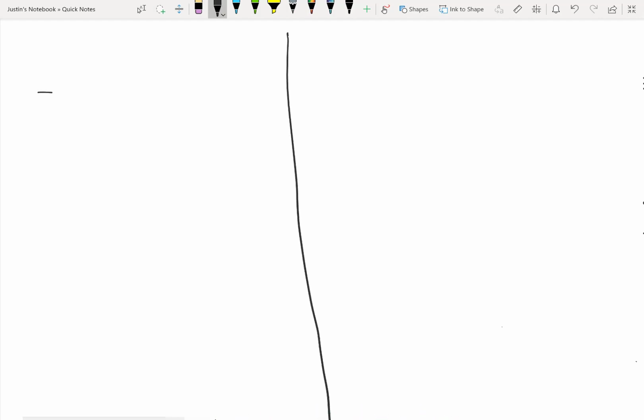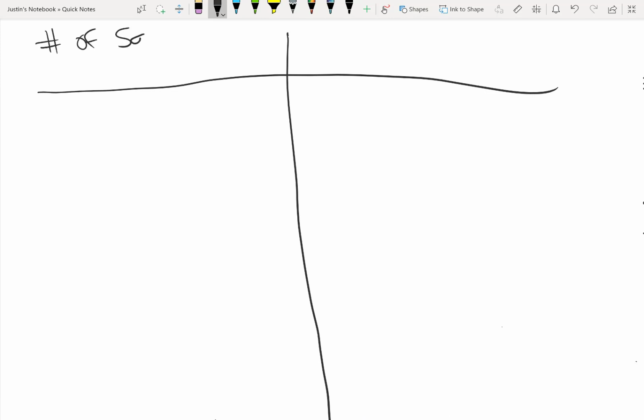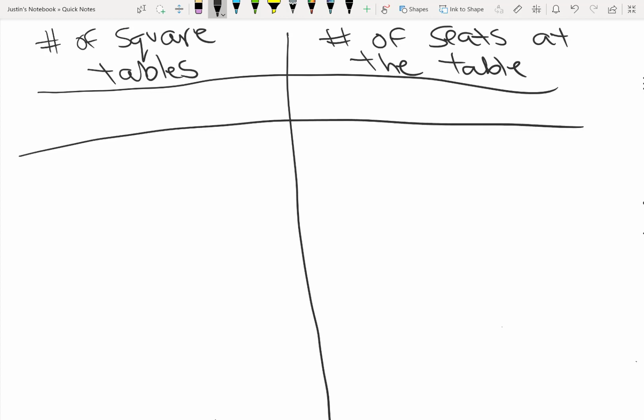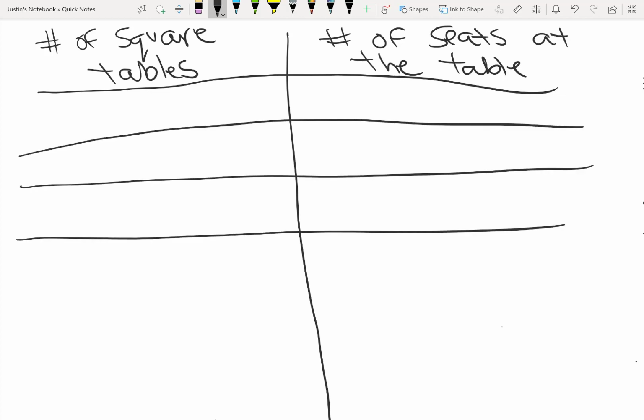You have one side that's number of square tables, and the other side that's number of seats at the table. I know this isn't pretty. We'll make some rows here.